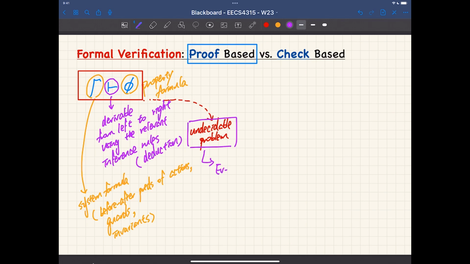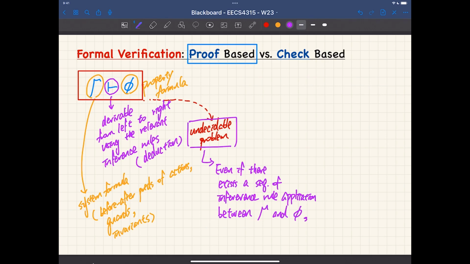Even if there exists a sequence of inference rule applications between the two, let me finish this and I'll take a question.